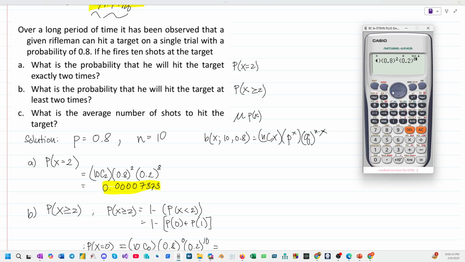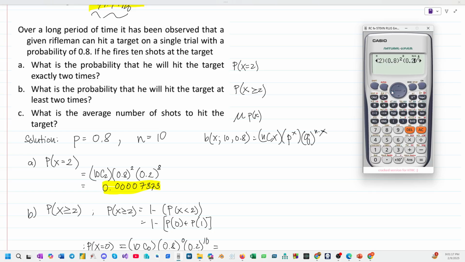Ngayon natin itong variable. Sandali natin siya ma-solve.